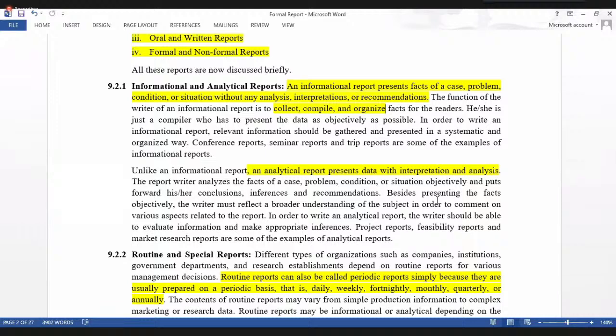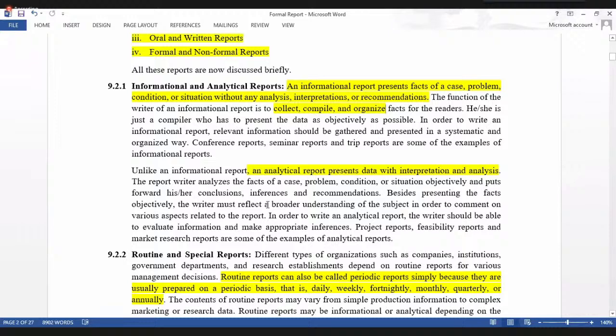Besides this, we also interpret the facts. We make an analysis of the facts, that is, what is right, what is wrong, which one is good, which one is bad. That also we do. So here, the report writer analyzes the facts of a case, problem, condition, or situation objectively and puts forward his or her conclusions, inferences, and recommendations. So here, what does the writer do?